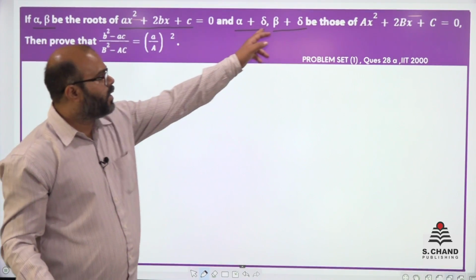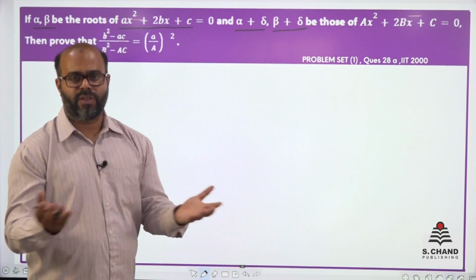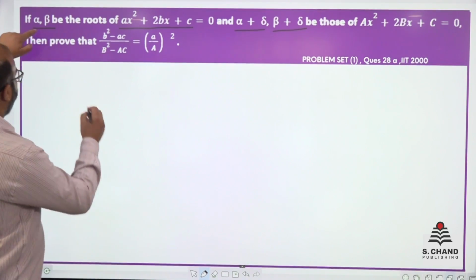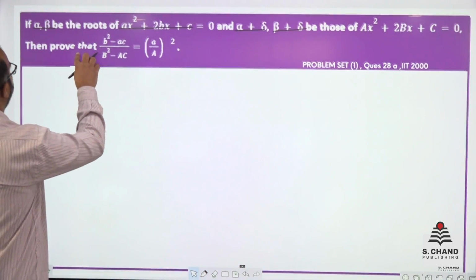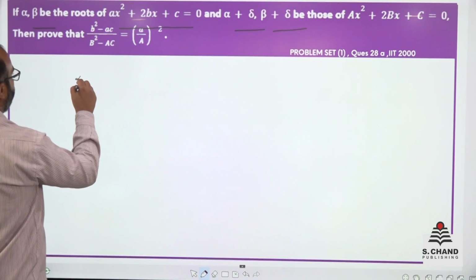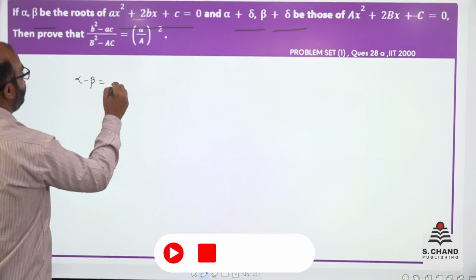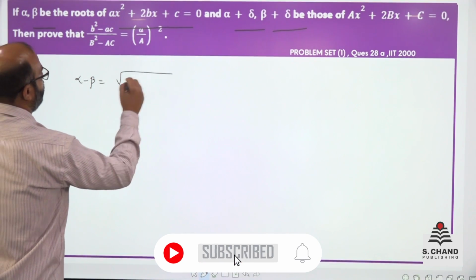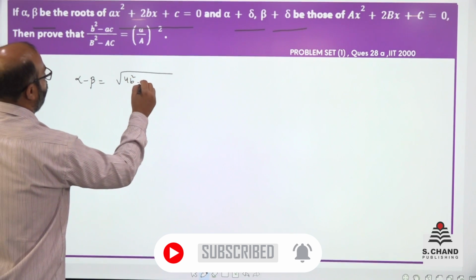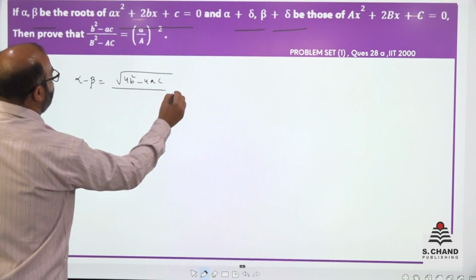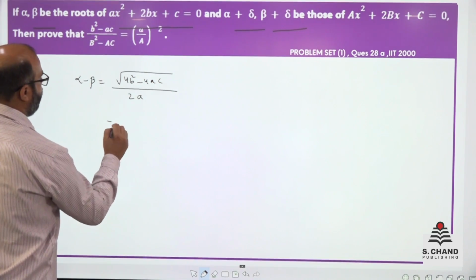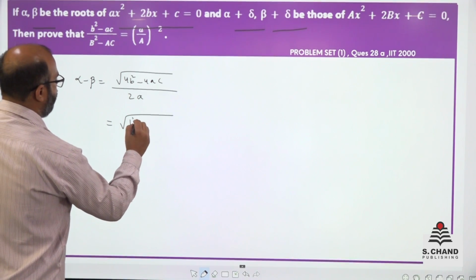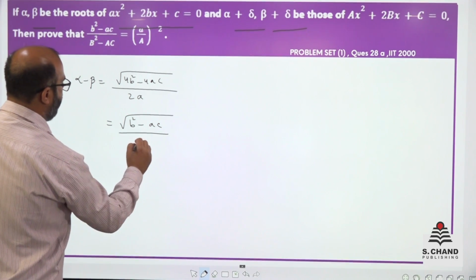So this extra delta will vanish if we take difference of the roots. So let us take difference alpha minus beta here. So when we take alpha minus beta, it is equal to root D by a, that is root over b square minus 4ac by 2a, that will become root over b square minus ac by a.